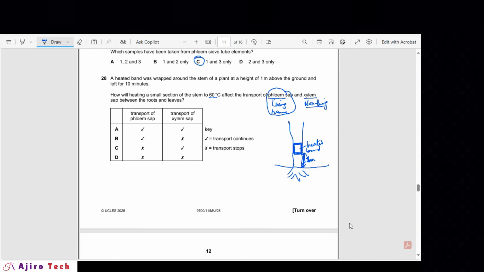But xylem, being non-living, will not be affected. So transport can stop for phloem because it is living, it has enzymes and proteins in the membrane that allow transport to take place in it.